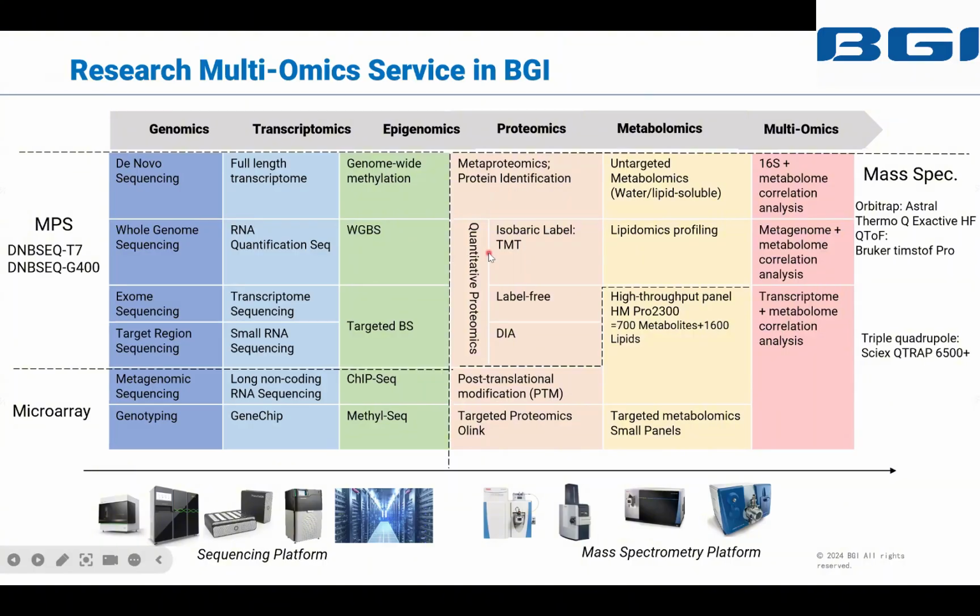Besides offering a wide range of omics services, we also have many options for the instrument platform. These include high-throughput sequencers with long and short reads, and mass spectrometers from different platforms. All these support us in providing fast, accurate, and reliable omics data to our customers.